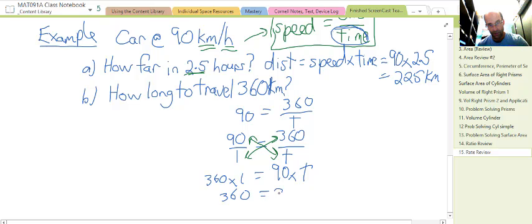So 360 equals 90t. Divide both sides by 90 to find t, and t would equal 4 hours because it's kilometers per hour.